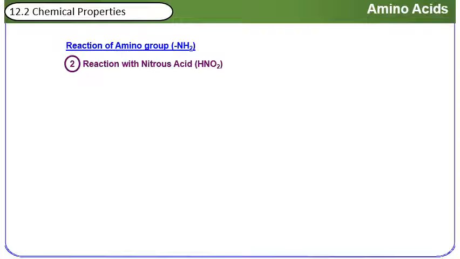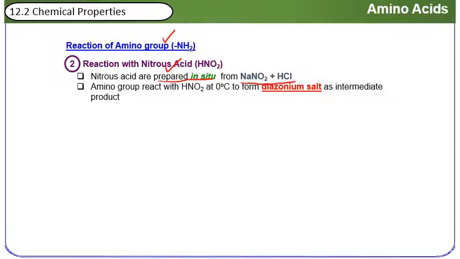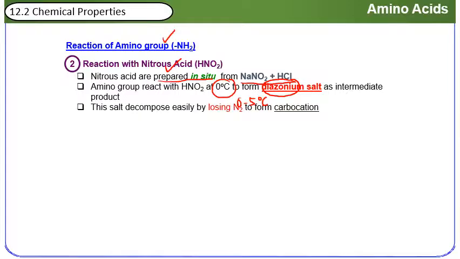Okay, now the amino group can also react with nitrous acid. As we know previously, nitrous acid has to be prepared in situ from sodium nitrite and HCl. The amino acid also needs to react at 0 to 5 degrees Celsius, as we learned in the chapter on amines. Since the amino group is a primary amine, it will always form the diazonium salt as an intermediate.